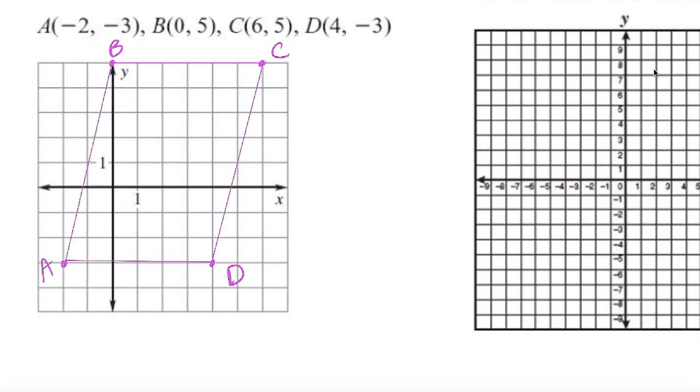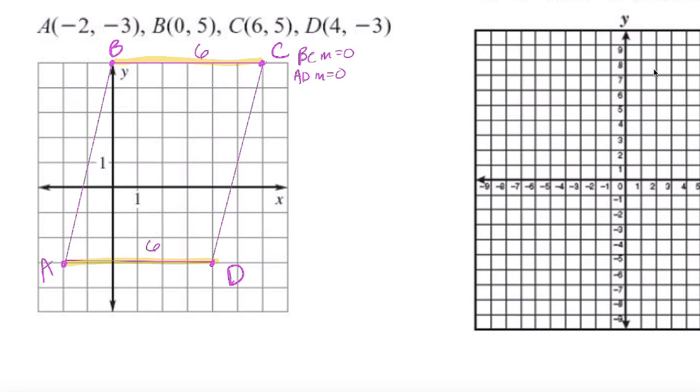The easiest way to prove that this is a parallelogram, if we were able to see it on a graph, is to notice that this would have a slope of 0, and so would this one. And we can also count, so I would say that BC slope is 0, and that AD slope is 0. And I can count the length of BC, 1, 2, 3, 4, 5, 6. And I can count the length of AD, 1, 2, 3, 4, 5, 6.